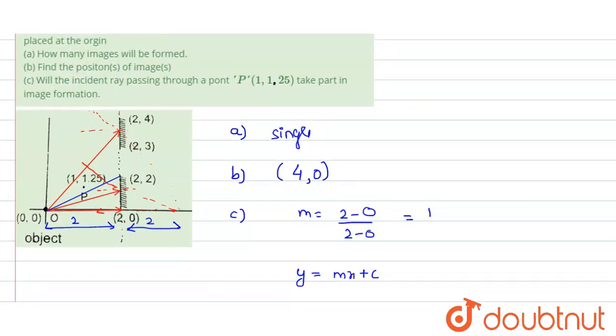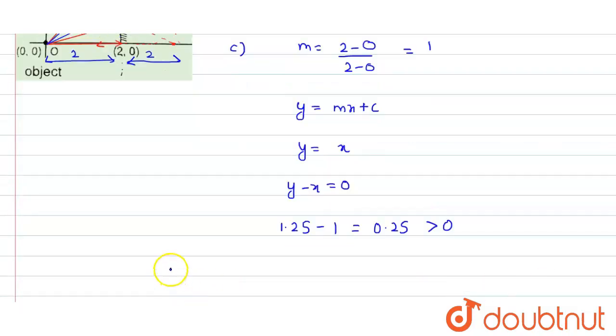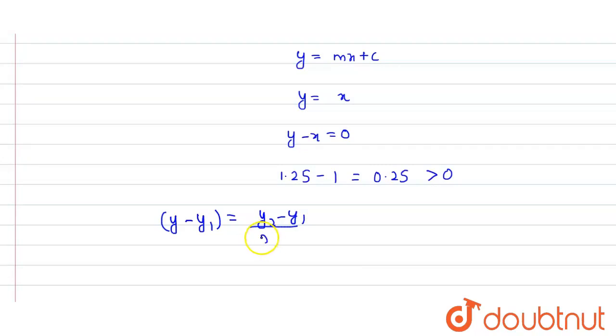Now again, we can construct a line from here to here, and check similarly whether this point is lying above the line or below the line. So we just write the equation of this straight line as y minus y1 equals y2 minus y1 divided by x2 minus x1, times x minus x1.